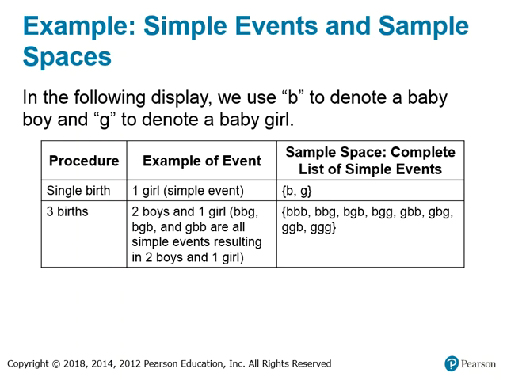The simple events would be the ones where we have boy, boy, boy, or girl, girl, girl, because those ones, there's only one way that's going to happen. But when you look at having 2 boys and a girl, or if you're looking at having 2 girls and 1 boy, there are multiple ways for that to occur, so those are not simple events. They're still events because there's still an outcome we're looking at, but they're not simple because there are multiple ways to do it.